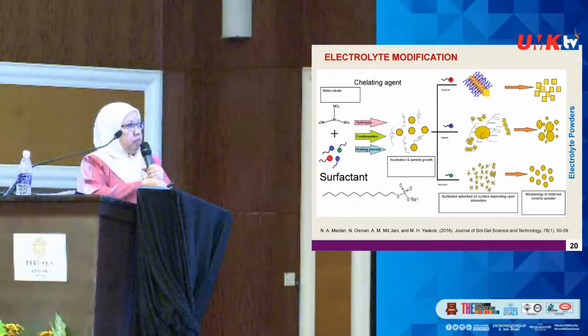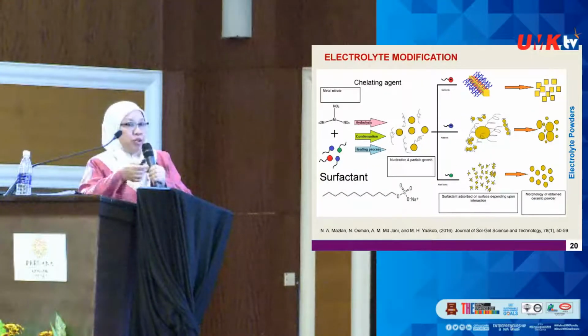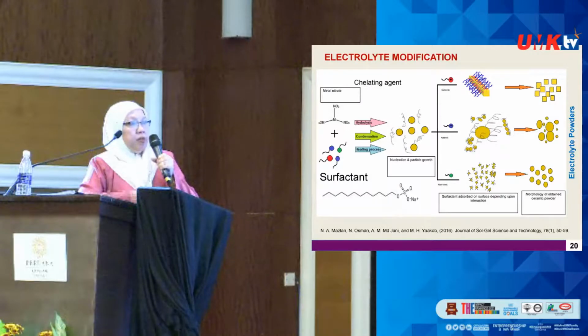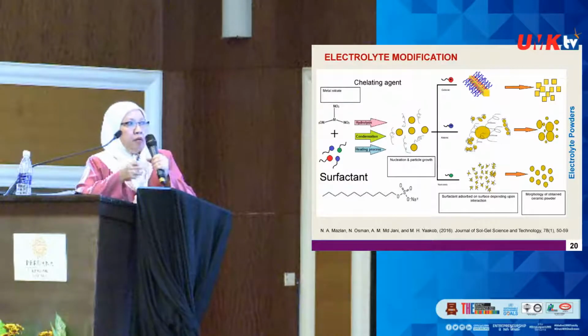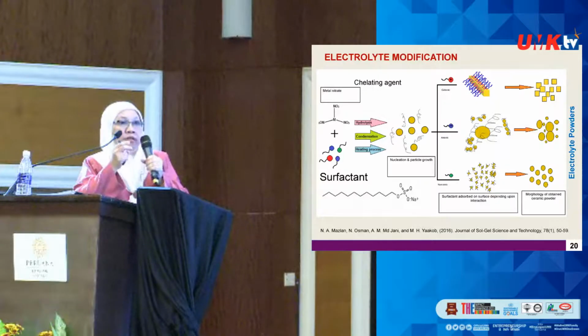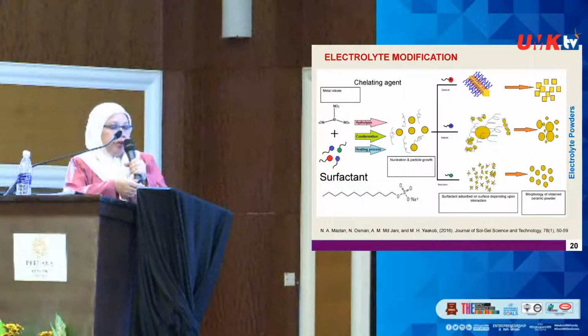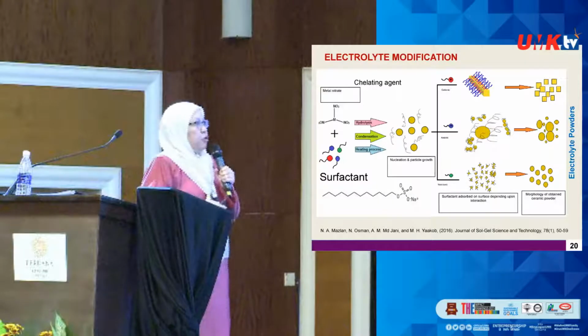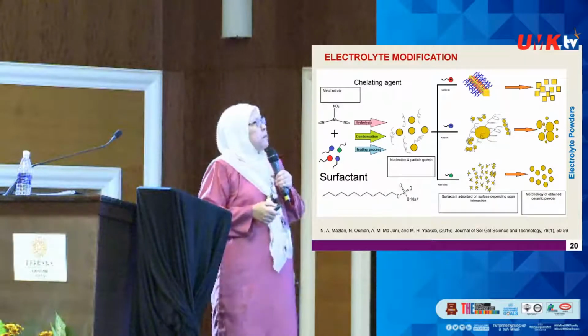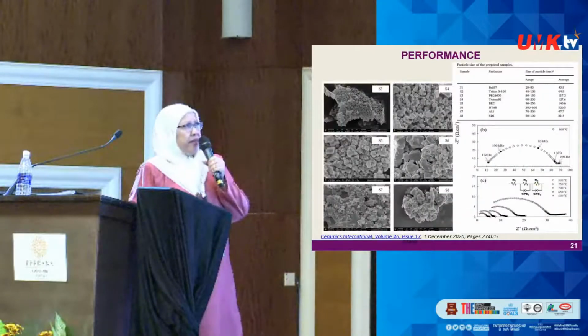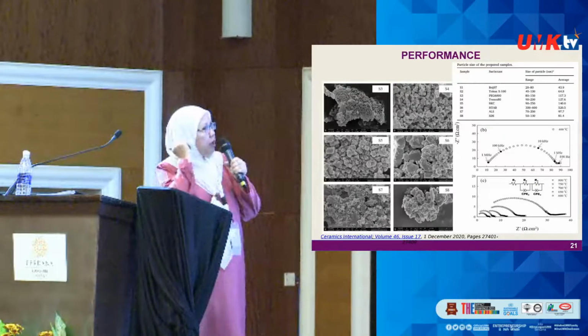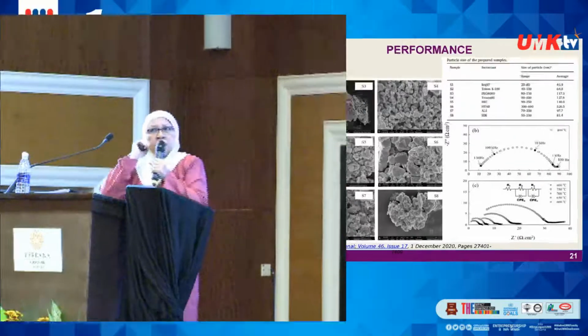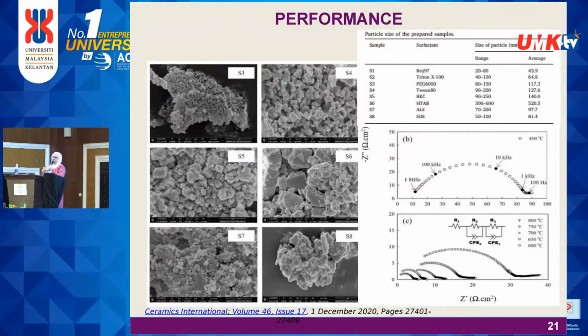That's why from this result, we proceed to the next fabrication of the electrolyte by modifying the BCZY using the surfactant Brij 97. Based on this, we found that Brij 97 is a good surfactant in order to get the dense electrolyte material at low sintering temperature.